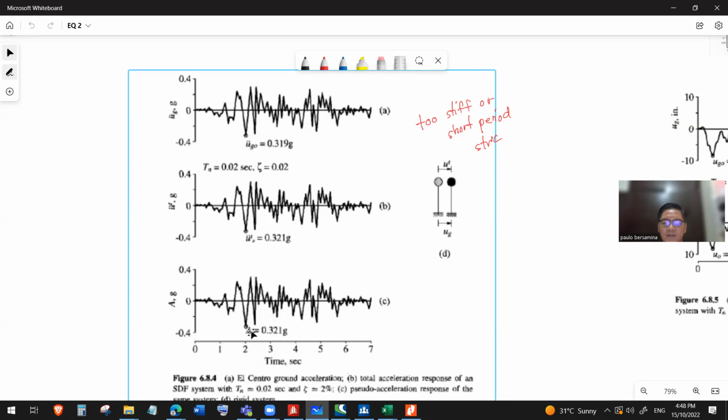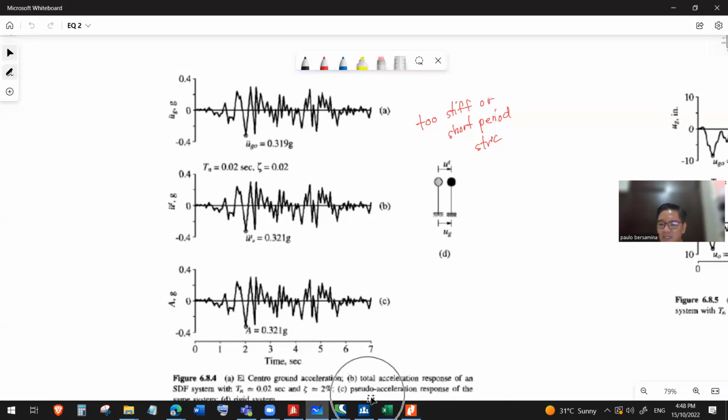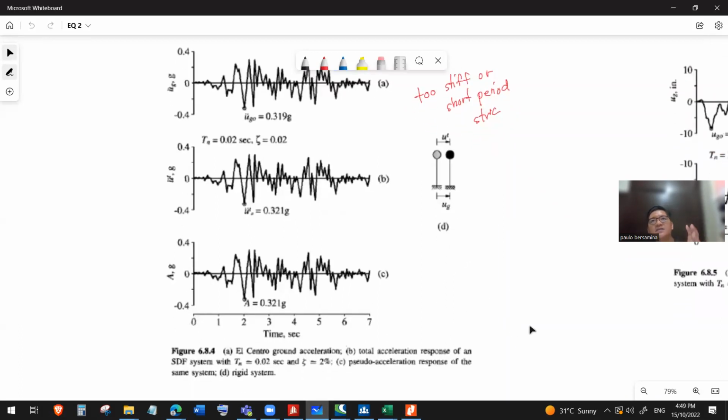So actually we call that pseudo acceleration, by the way, no? Pseudo acceleration, because pseudo means not realistic, or not true, because this is theoretical, no?